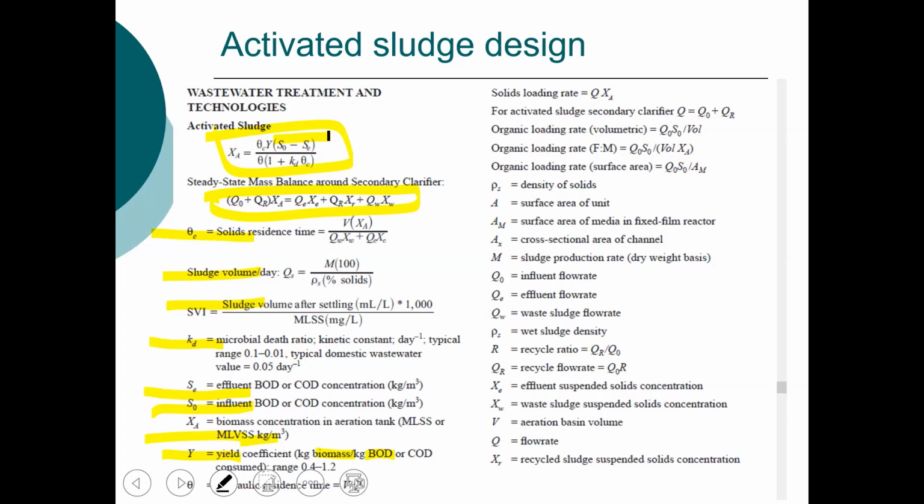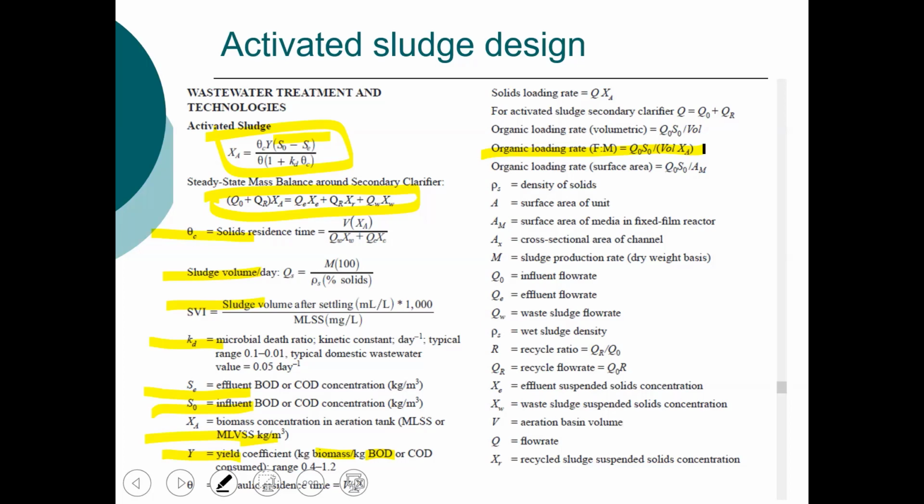Another parameter that we'll look at is the food to microorganism ratio. You neither want to give the organisms too much food, nor too little. So if I give the organisms too much food, those of you in the classroom, let's say you arrived and there was a buffet set out for breakfast for the entire class, all 22 students.